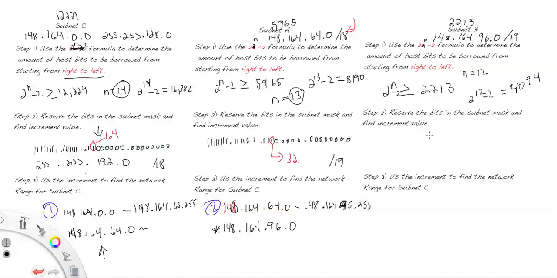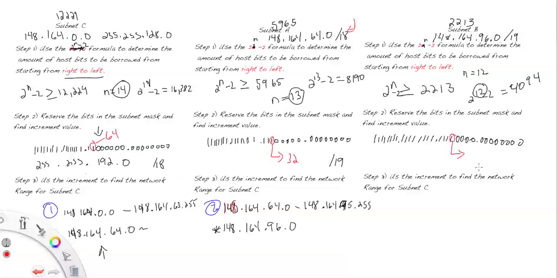Okay, so we have our amount of bits to be borrowed. So let's do that. 1, 2, 3, 4, 5, 6, 7, 8, 9, 10, 11, 12. And the rest are on. Okay. What's important about this new subnet mask? Well, it's the increment.